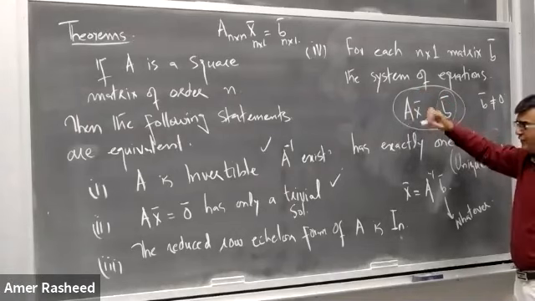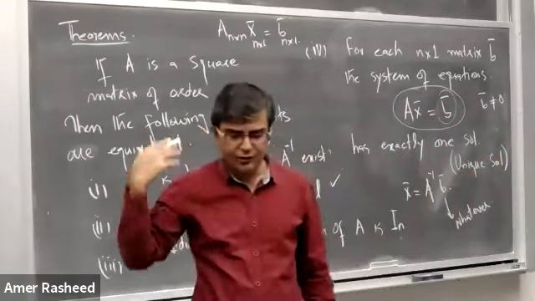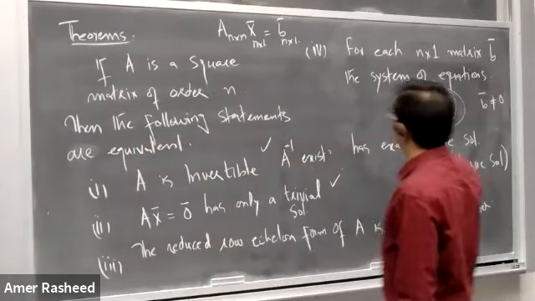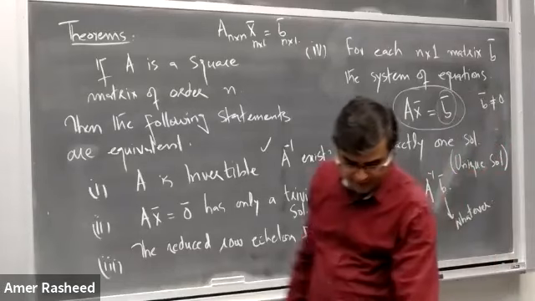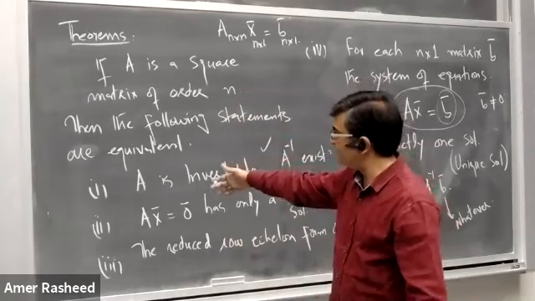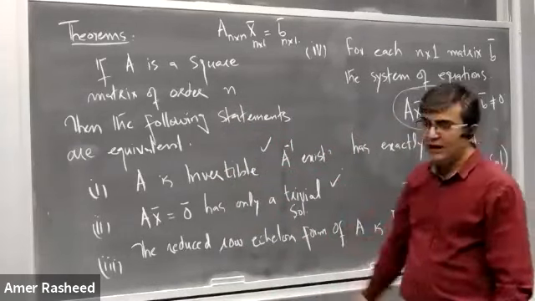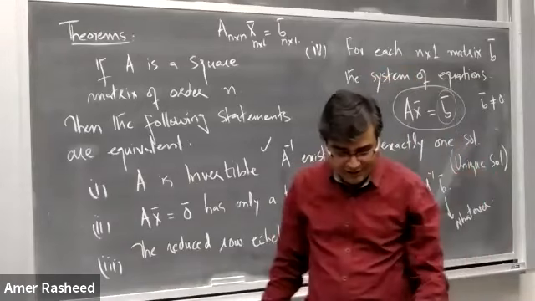For rectangular matrices, we cannot apply this theorem or statement. This is the fourth statement, which must be true if at least one of these four statements is true, then all other statements must be true.